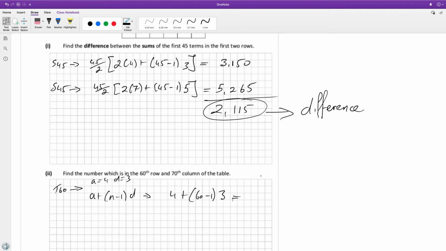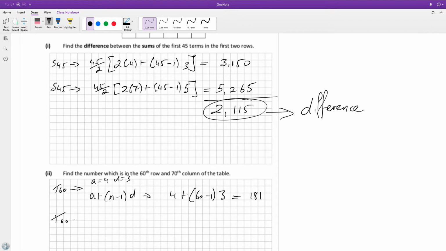4 plus 59 times 3. Calculator's having a mare. So you got 181.